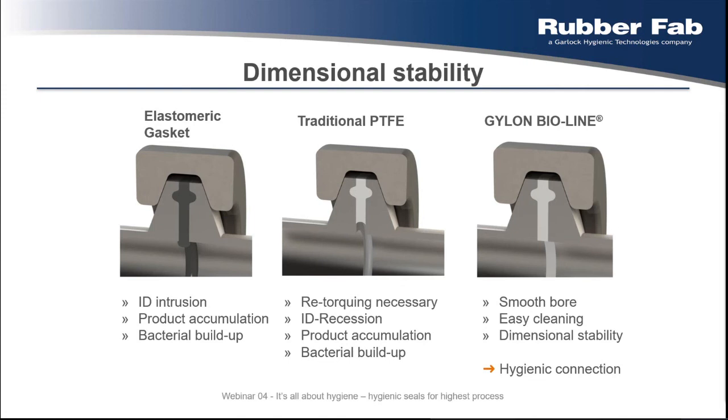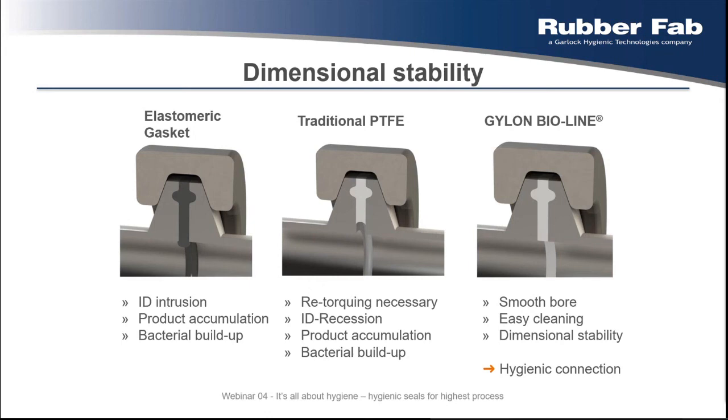But even in our case of GYLON Bio-PRO Plus, without fillers, due to the manufacturing process, we have an interwoven structure if we look at the PTFE chains. And this interwoven structure results in a very high dimensional stability, even though there are no fillers used.